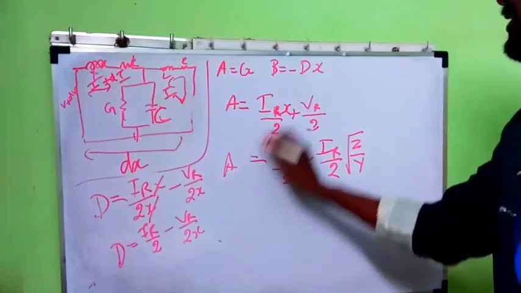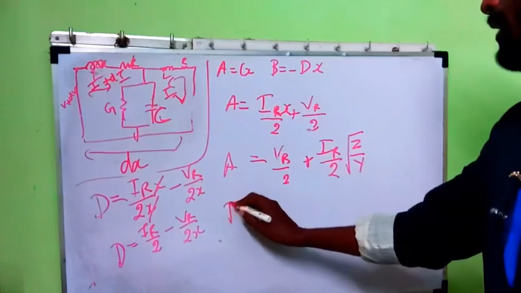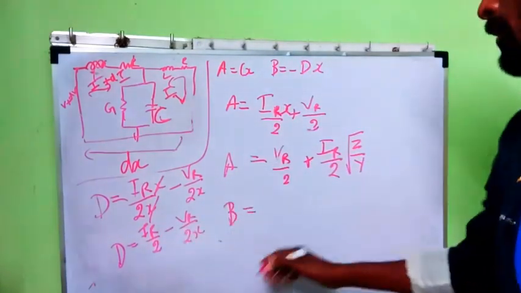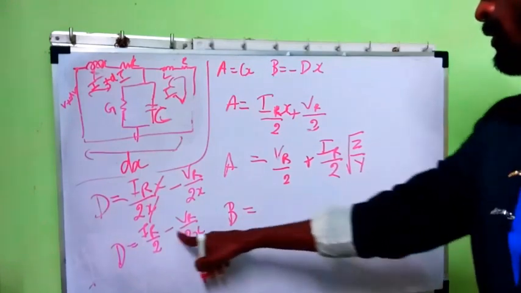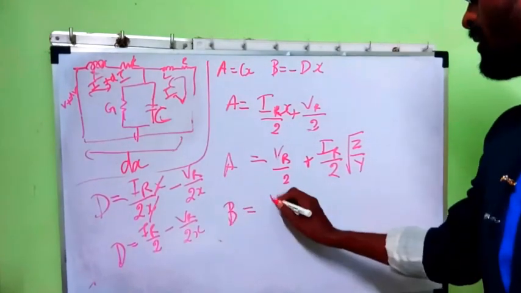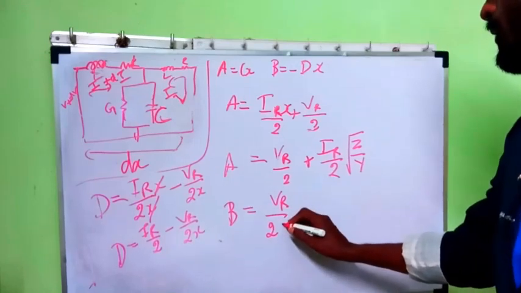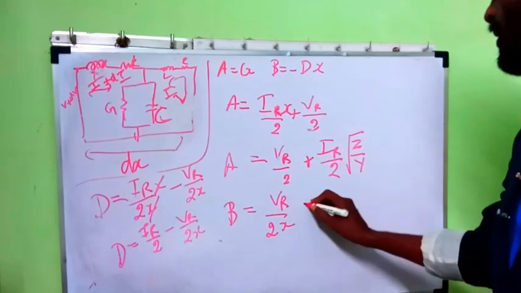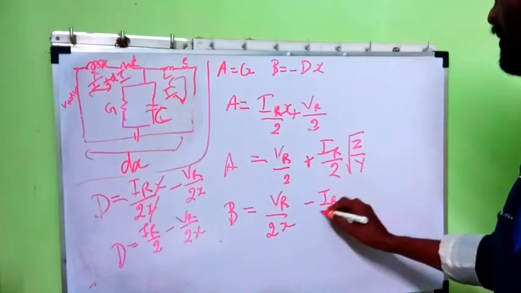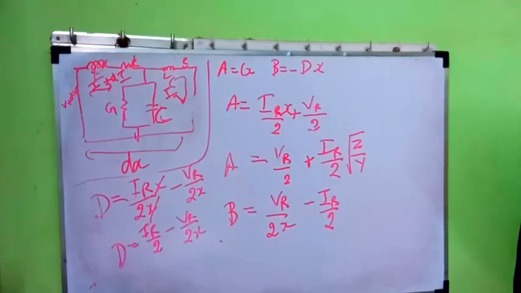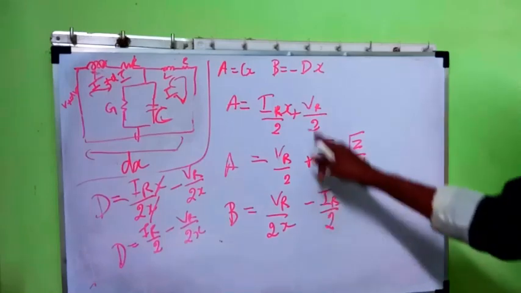Now b equals minus dx, right? b equals minus of d. I got the d value, right? Minus of everything. So VR by 2x, this is going to be plus, and VR divided by 2 into x, this is going to be minus IR divided by 2. So b is equal to minus d into x.